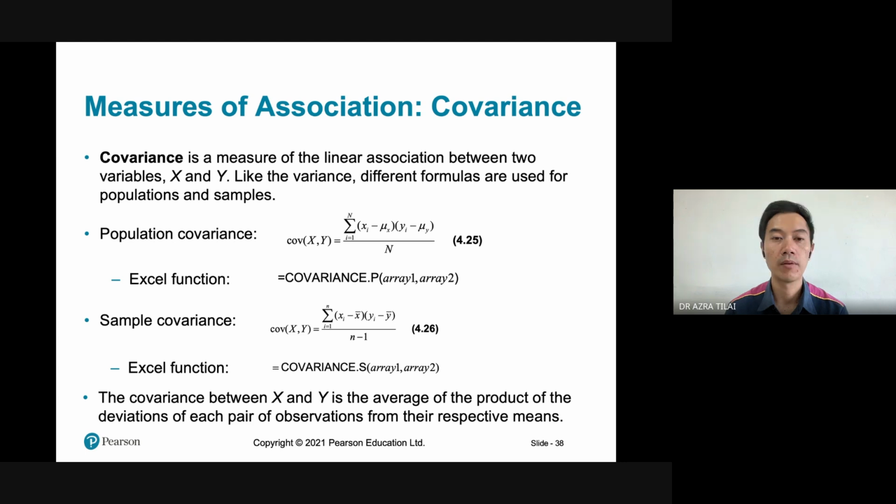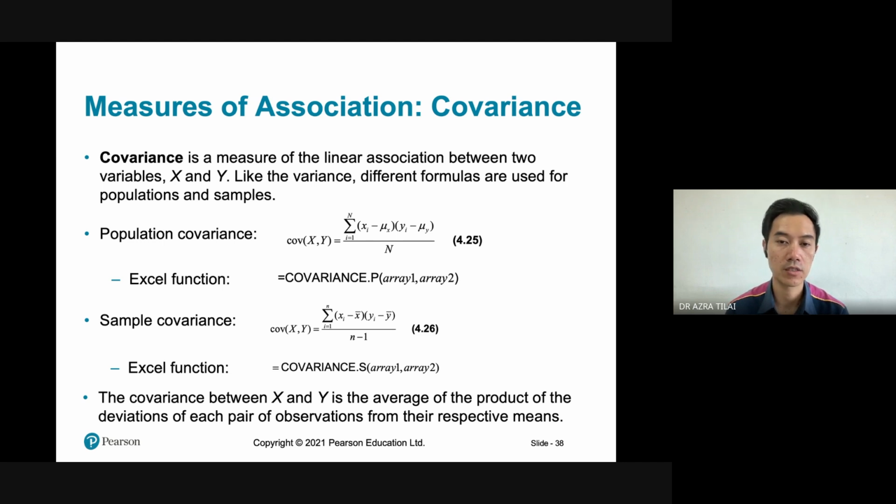So part of it is trying to identify the association through covariance. Okay, so what is the sample covariance? We can see that it's being used manually here, and also if you want to quickly identify the covariance, you can head on to use the function tab.